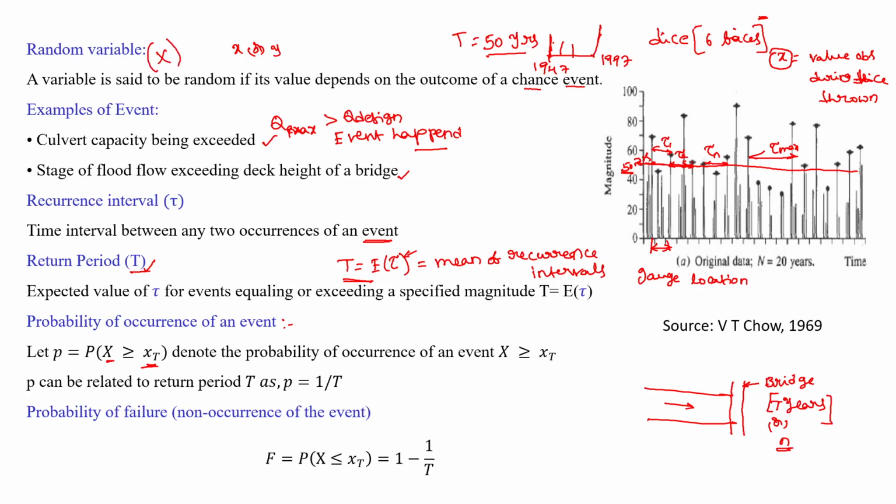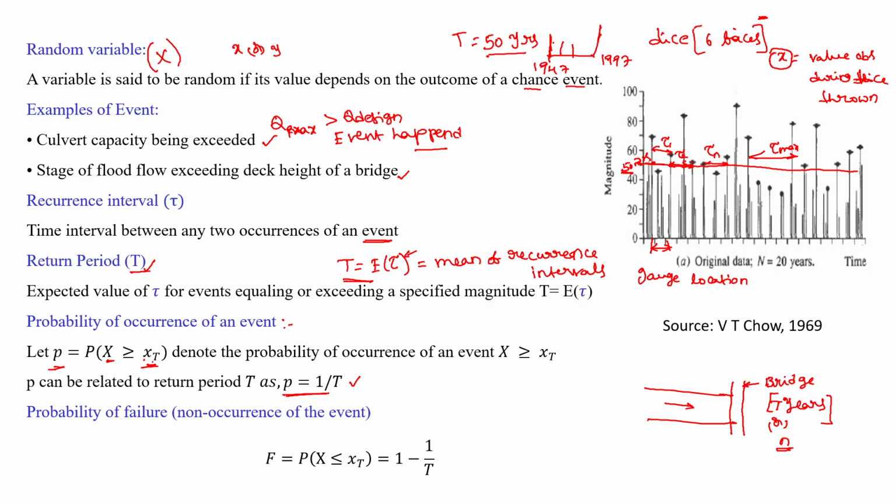Here probability we denote with the small p, and the function we denote with the capital P. So probability p equal to probability of capital X greater than or equal to xt. It means that stream flow is greater than or equal to the design capacity. This probability can be related with the return period, which is nothing but 1 by T. Okay, in this way we can calculate.